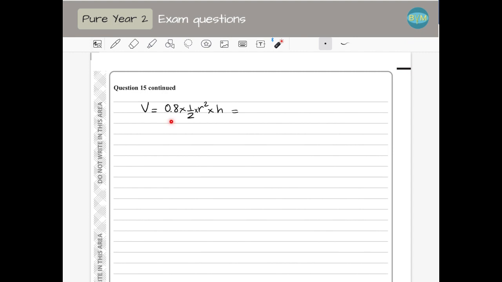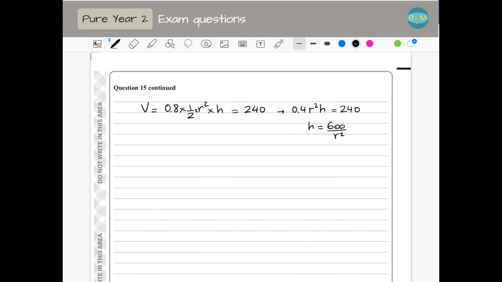And this is 240, they tell me. So this means that 0.4 r squared h is 240. So h is going to be 240 divided by 0.4, which is 600, divided by r squared.